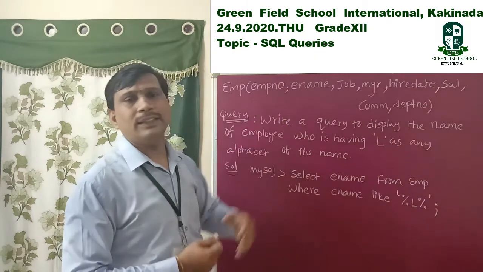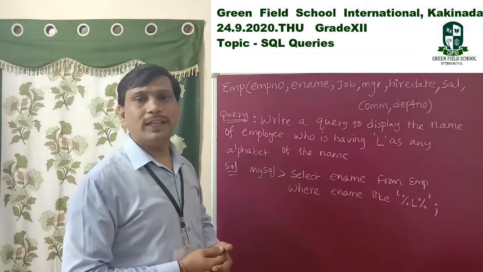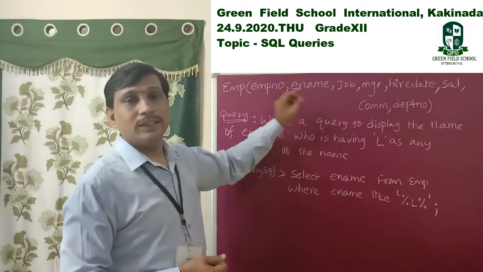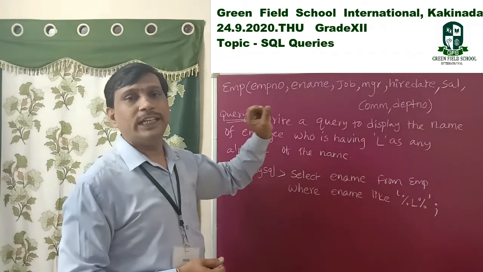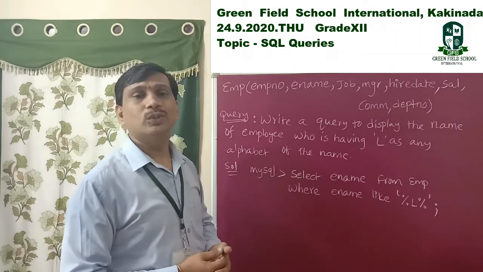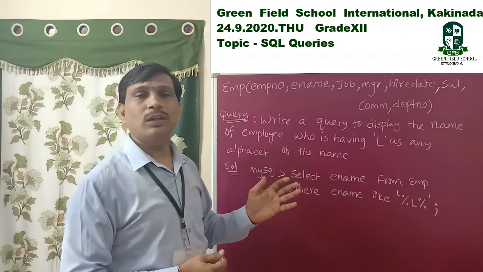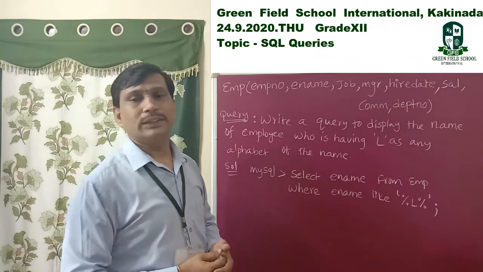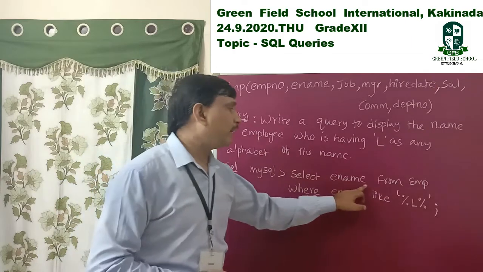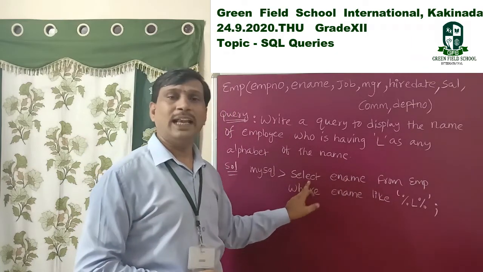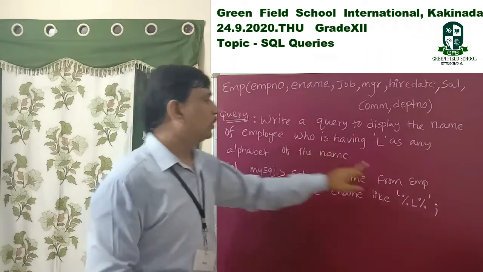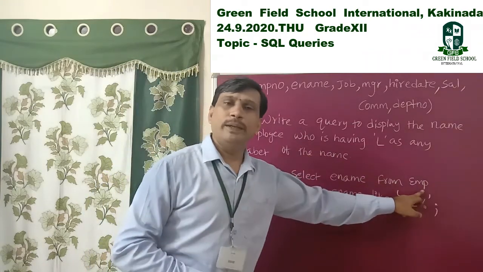So the LIKE pattern is more suitable for employee names, with underscore and percentage symbols. That's why we write here ename. Select ename from which table? From the EMP table.